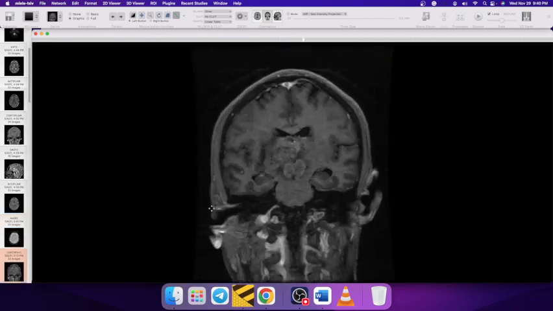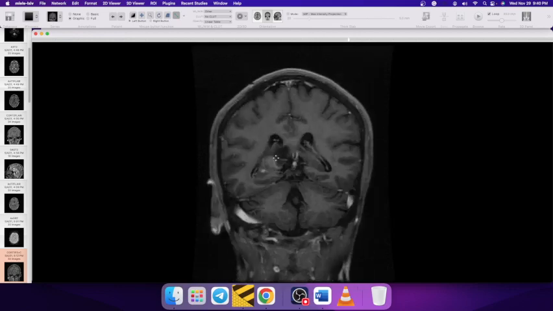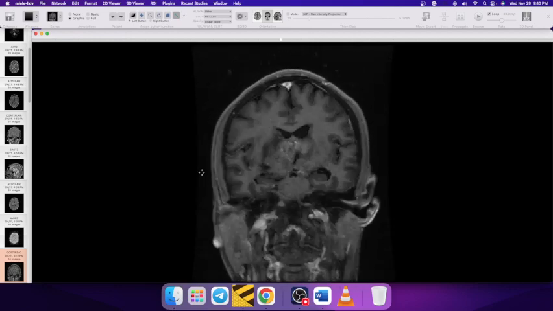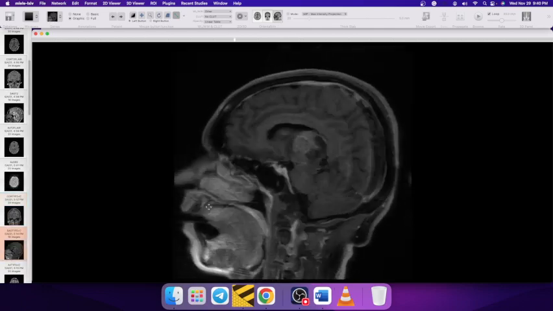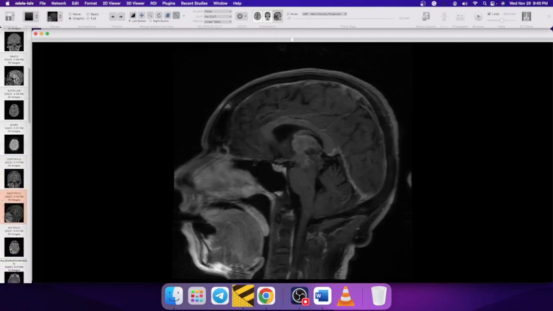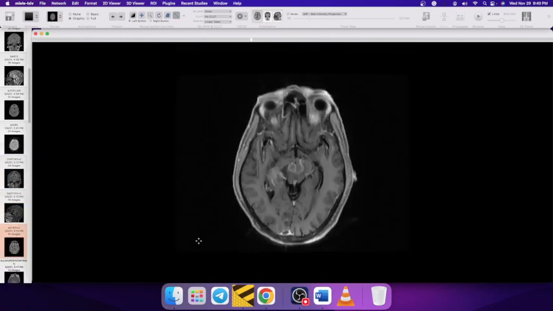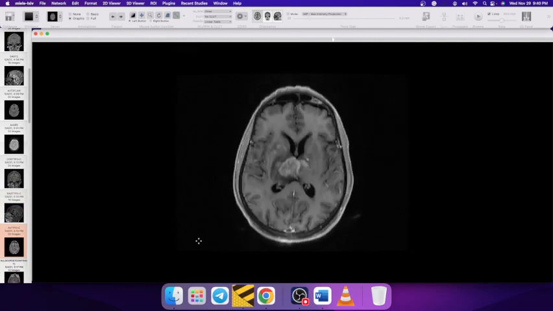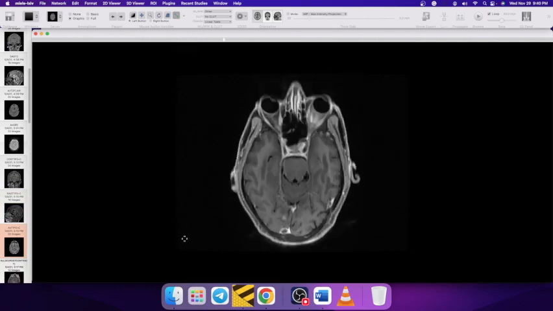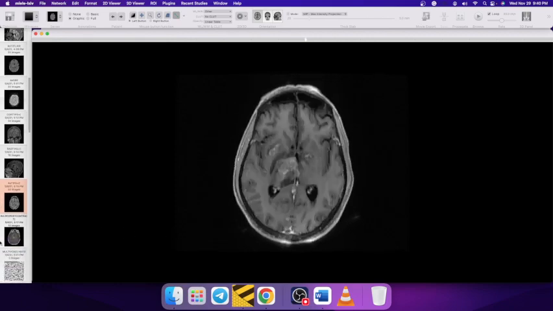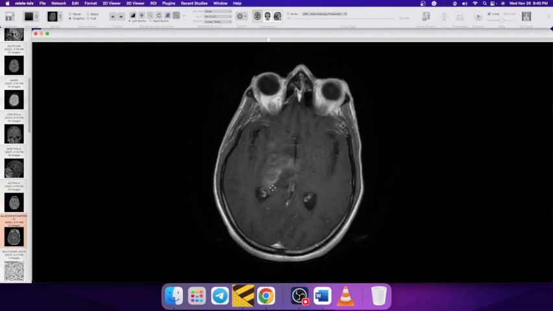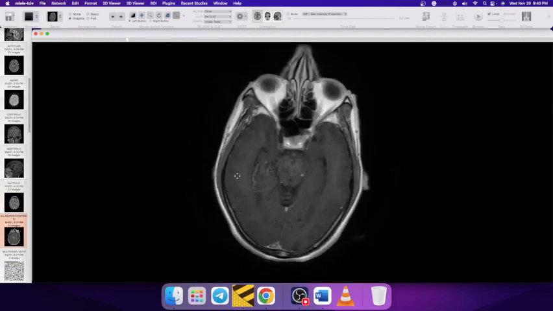And then on the post contrast images, we see patchy enhancement in these regions of the mass, and similar findings on the sagittal images and the axial images. So there are multiple enhancing lesions in these areas.